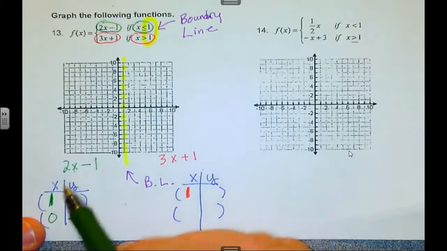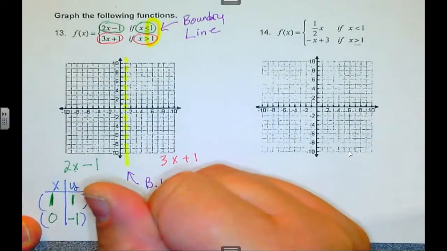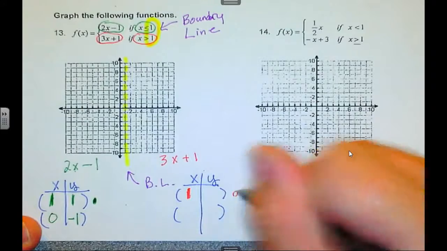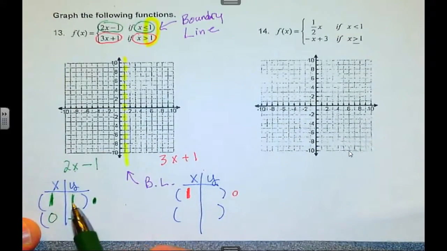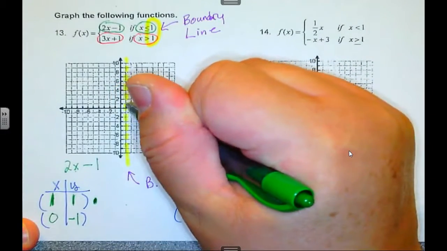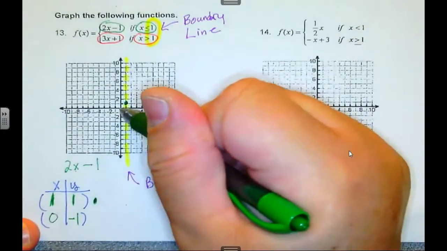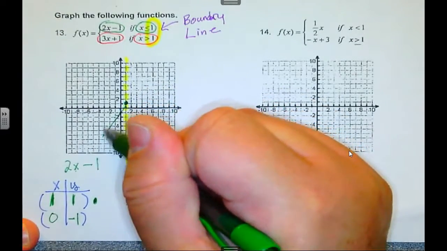This one has the equal sign, so it gets the closed circle, which means this one gets the open circle. So at (1, 1), I have a closed circle. And then here's another point, (0, -1). Here is my line.